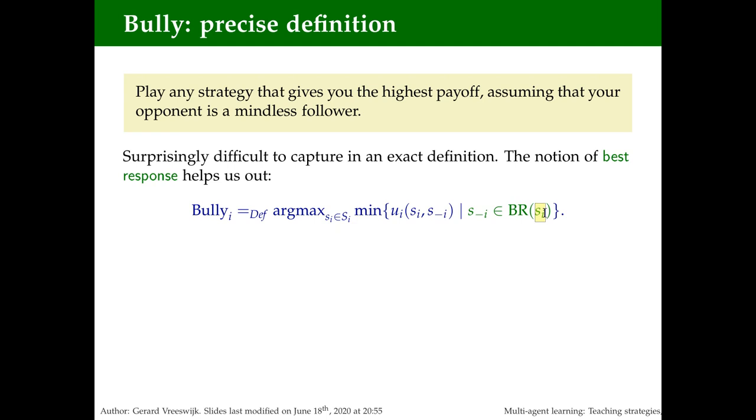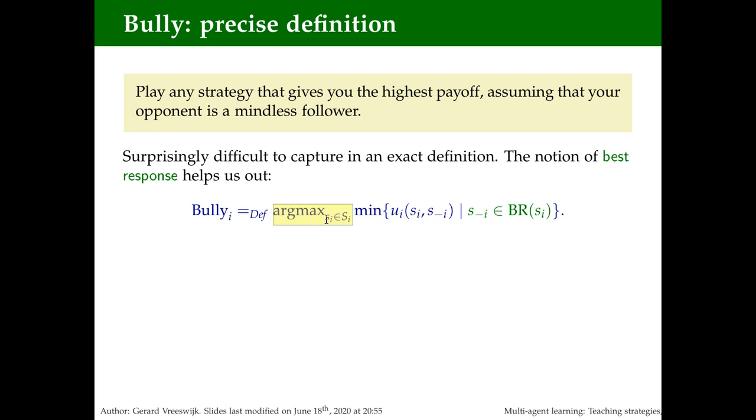This original strategy has a set of best replies, and the strategy of the opponent must be an element of that set. This combination gives a utility for you. You must take into account the worst case scenario, which is the minimum payoff over any one of the best replies to your original strategy. You have to maximize over this minimum. If you don't understand the notation argmax, look it up in Wikipedia, it's a standard notation.